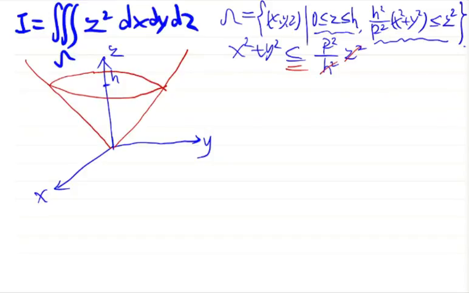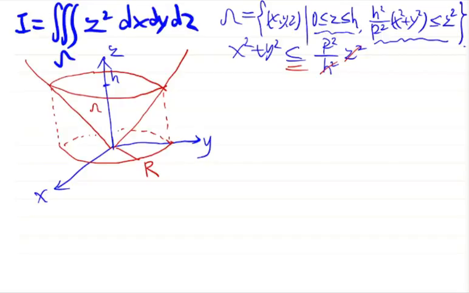The domain omega is bounded by the plane z equal to h, and the cone x squared plus y squared equals r squared over h squared multiplied by z squared. So this is our omega. And the projection of this omega in the xy plane is a disk of radius r. So this is the geometric analysis of our integrating domain.